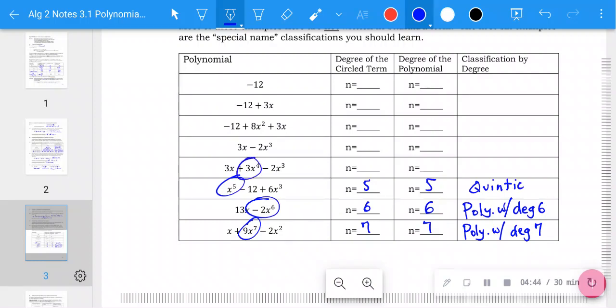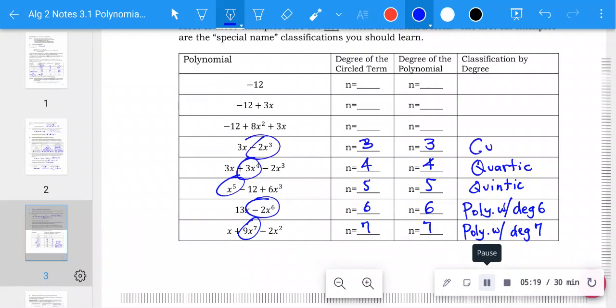When there's 4 variables, it's called quartic. So you can see that if you're going to memorize both of these, you're going to have to distinguish which one is quartic and which one is quintic, but they both start with Q. Now the next one down here, it doesn't start with Q. 3 variables, x times x times x, is cubic.